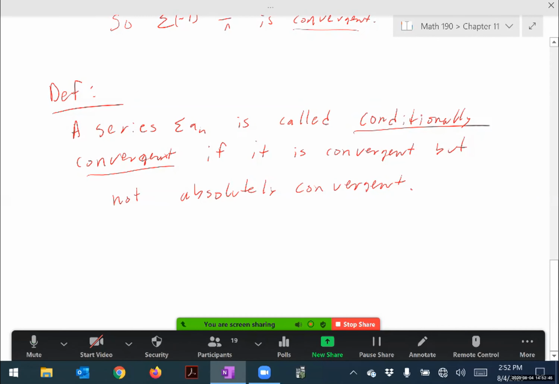Okay, so again, if it is just convergent and not absolutely convergent, then it's conditionally convergent.